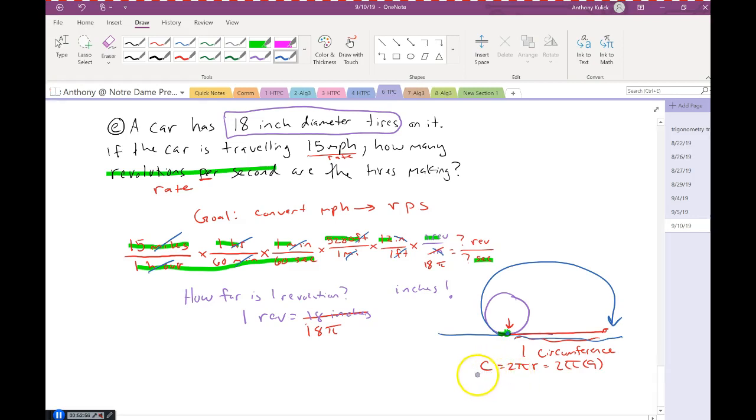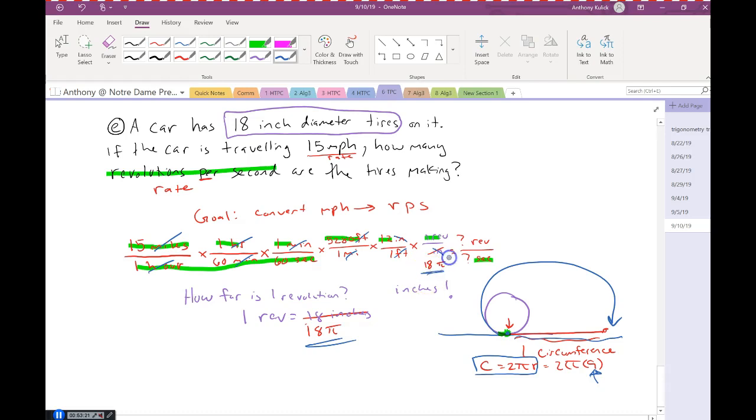So then I use my circumference formula from geometry. The circumference is equal to 2 pi r. And in our case, if our diameter was 18, our radius is 9. So I have that my circumference is 2 times pi times 9, or 18 pi.